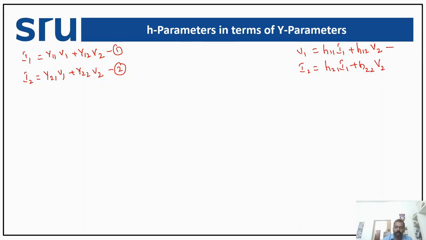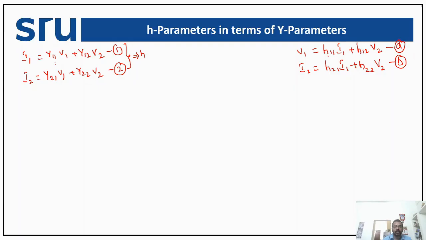Let us write this as equation A and this is equation B. Now we need to convert these two equations in terms of H parameter equations, so that by comparison we are going to have H parameters in terms of Y parameters.